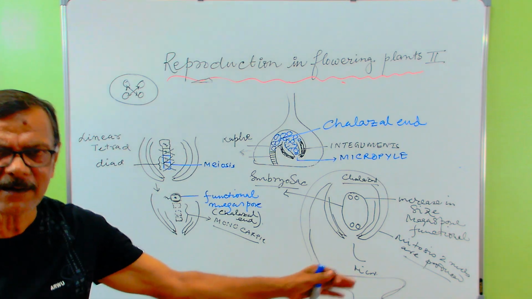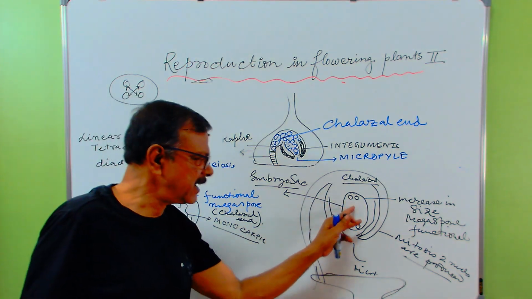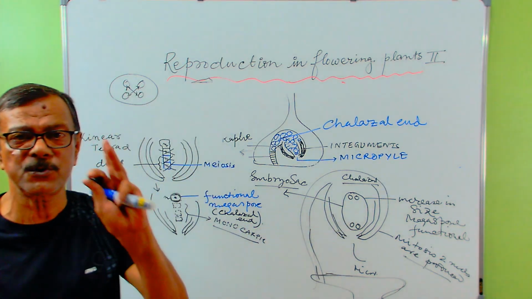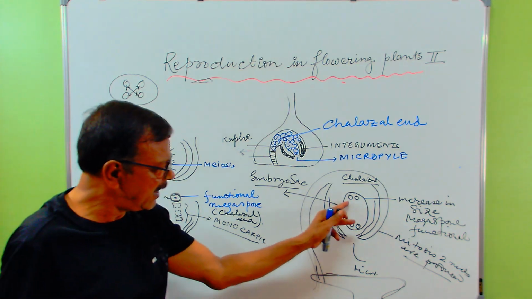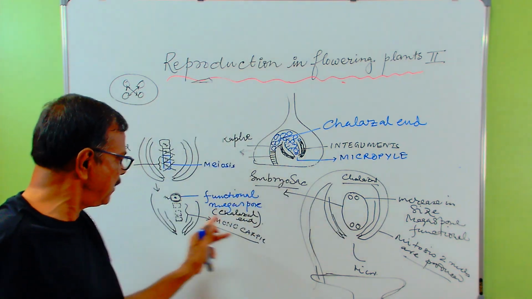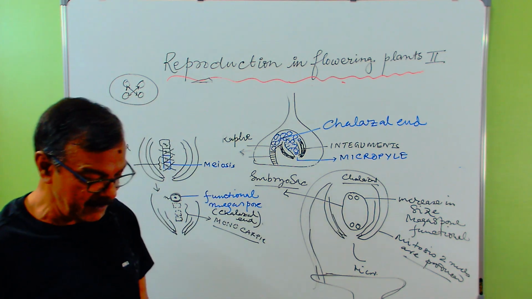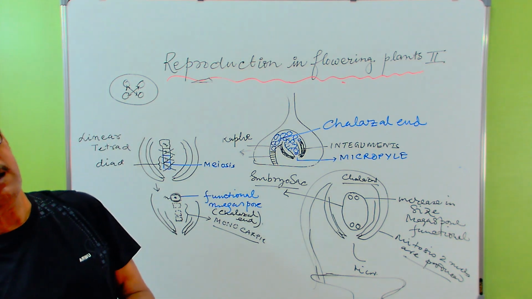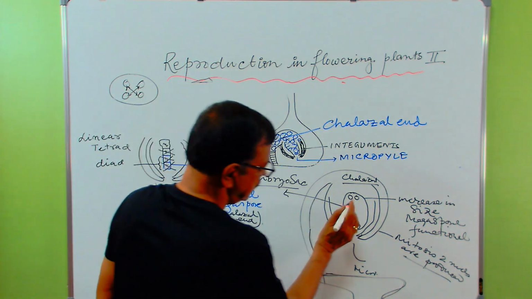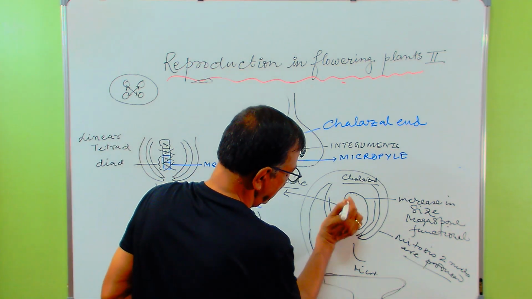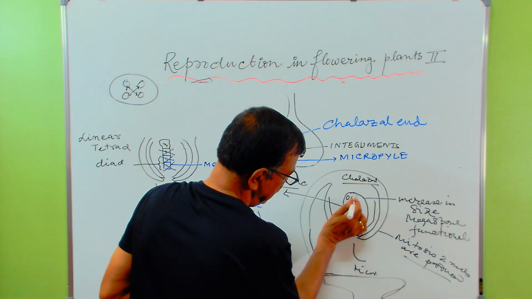Again, it undergoes further mitotic division to produce two nuclei. So there are four nuclei from the single nucleus here itself. Clear? There are four nuclei. Again, it will give rise to two more nuclei. 1, 2, 3, 4.